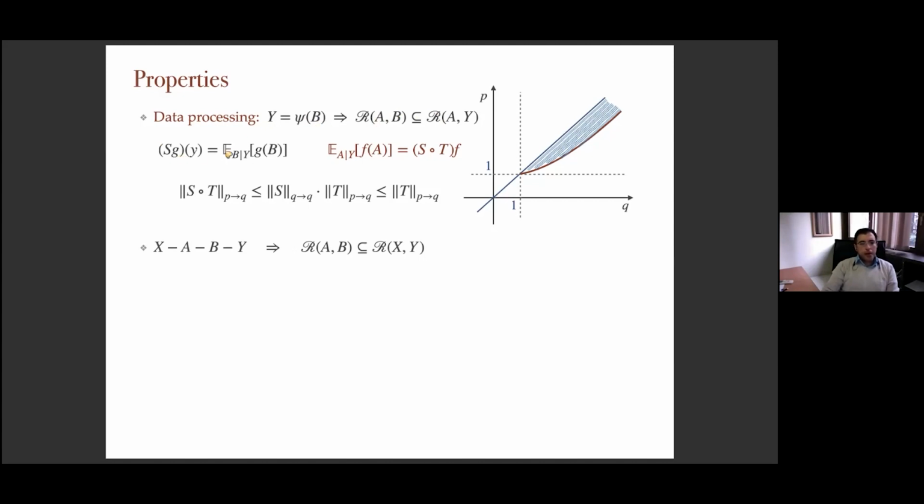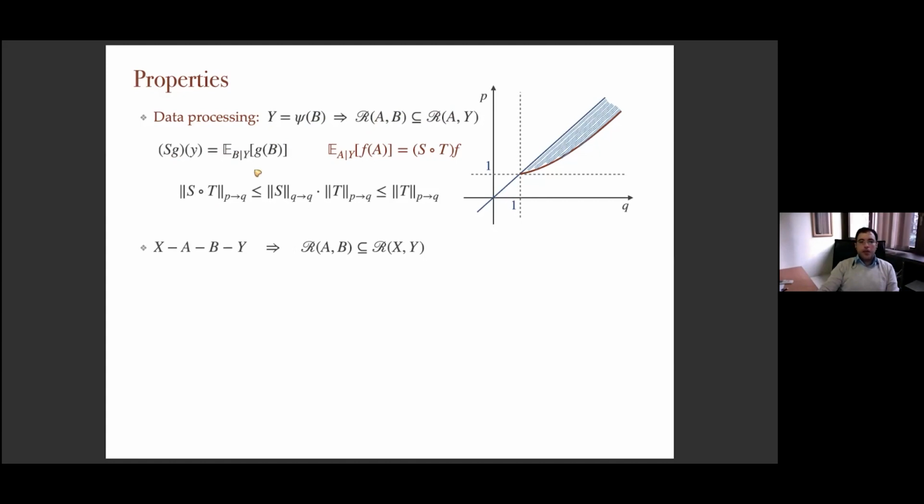Again, I'm interested in the map that sends A to Y, this conditional expectation, or this projection that sends functions of A to functions of Y. And I can do it in two steps.